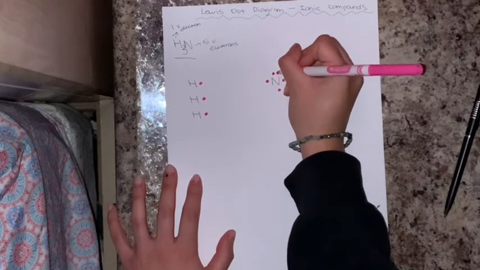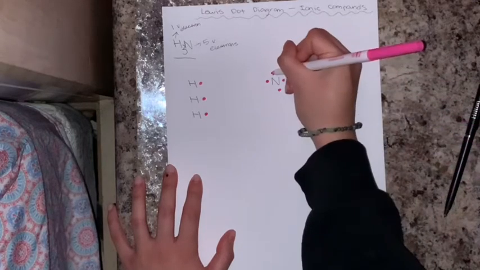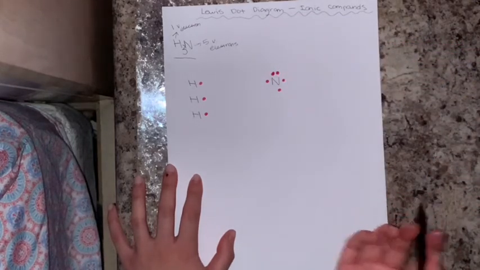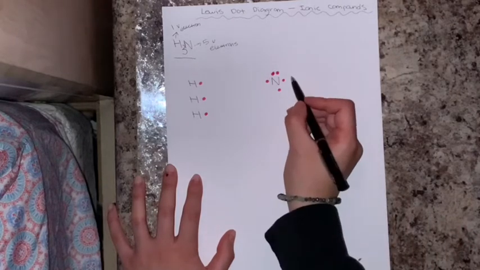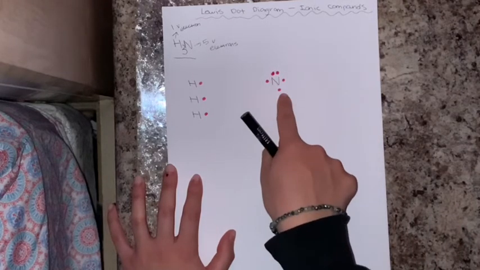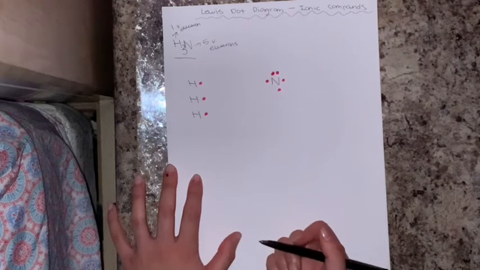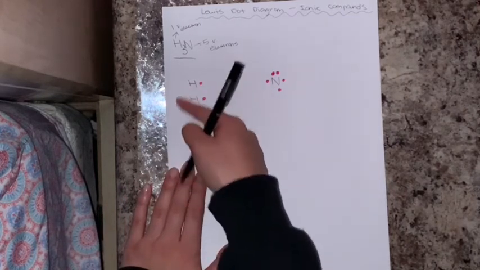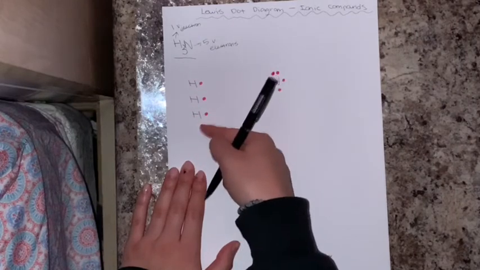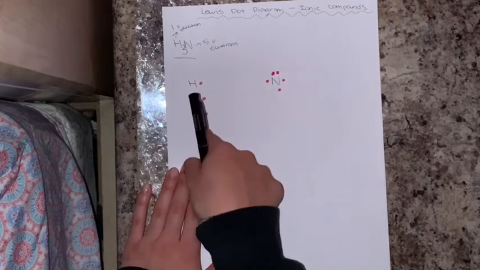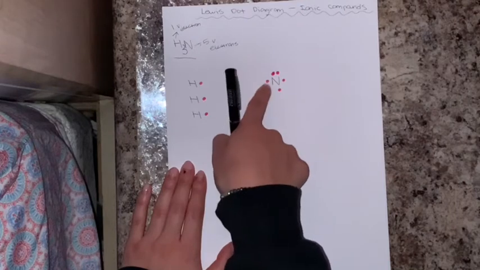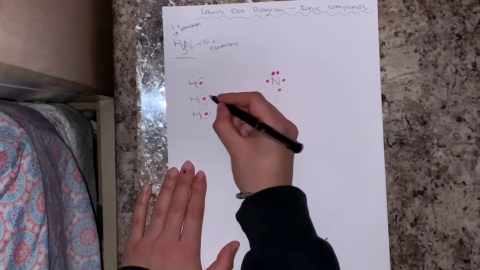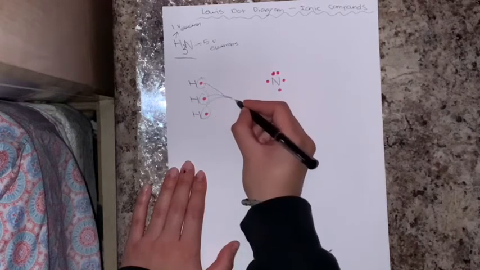And since hydrogen doesn't have enough electrons to gain electrons to complete the octet rule, it is going to lose that 1 valence electron. But nitrogen has 5 valence electrons, which means it can gain electrons to complete the octet rule. And so these 3 valence electrons from these 3 atoms of hydrogen are going to be transferred to nitrogen in order for nitrogen to complete the octet rule.